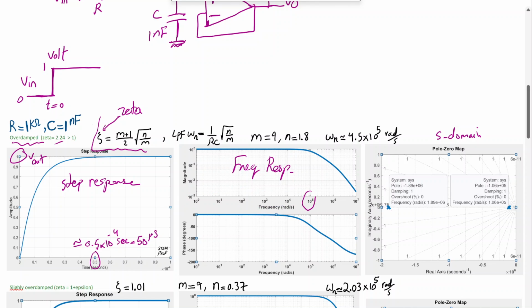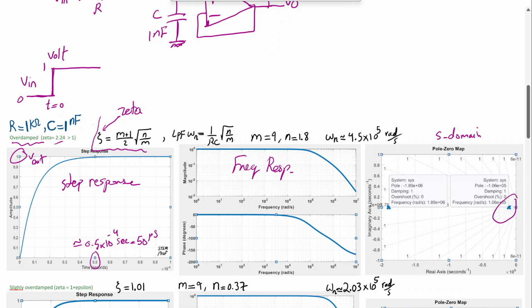But starting from about 10 to the 5 radian per second, when we are getting close to omega n, the filter starts dropping. And that's reasonable because the first pole is at about 100,000 radian per second.